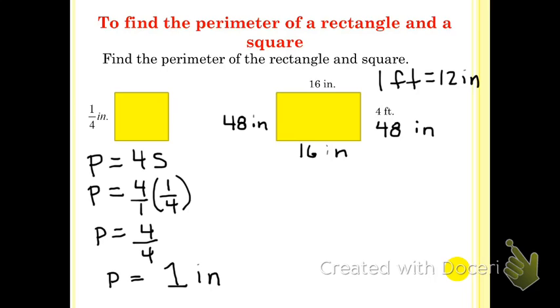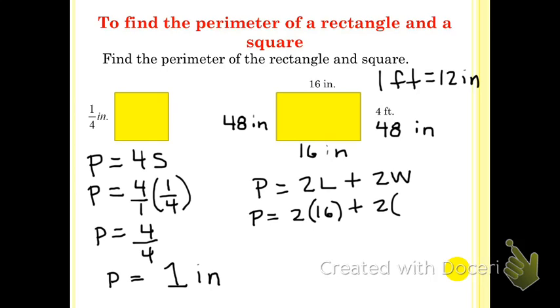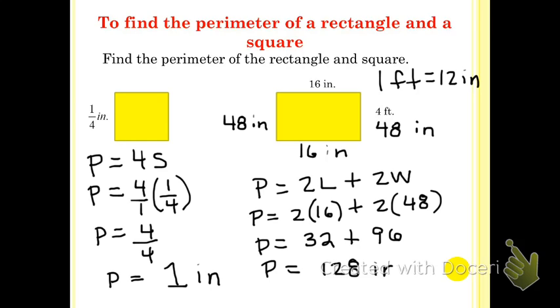Or if we want to use the formula, we can say that the perimeter is equal to 2 times the length plus 2 times the width. 2 times 16 is 32. 2 times 48 is 96. So that means our perimeter is equal to 128 inches. And make sure you include the right units with your answer.